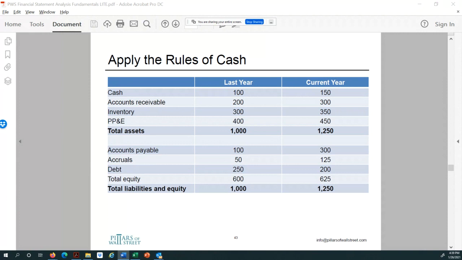Okay, what's next? Total equity. What happens here? Plus 25. Okay, so plus 25 next to equity.